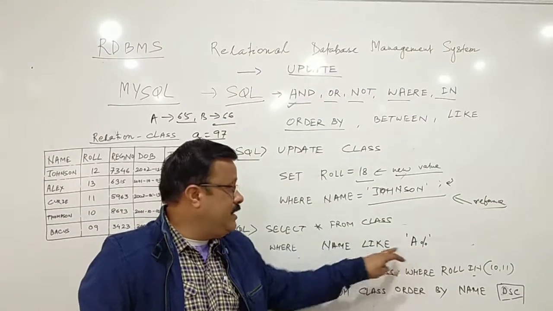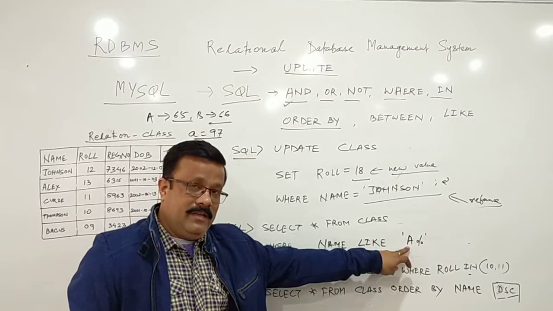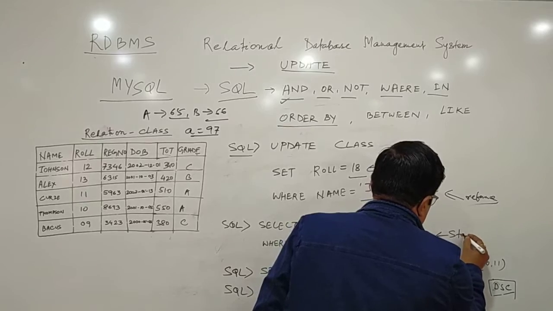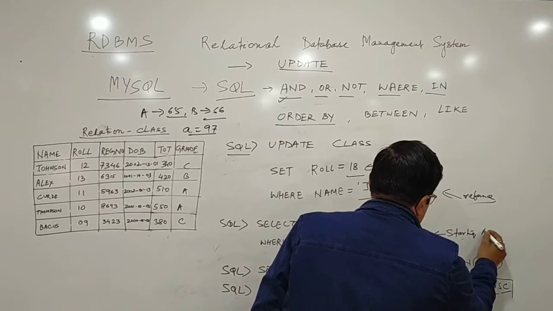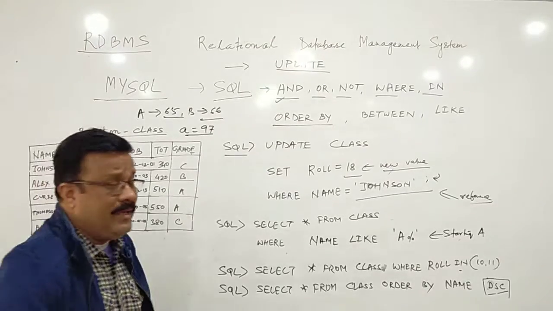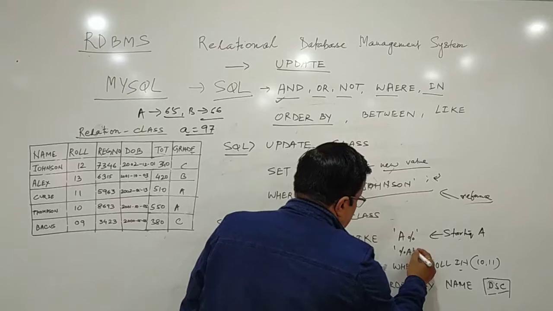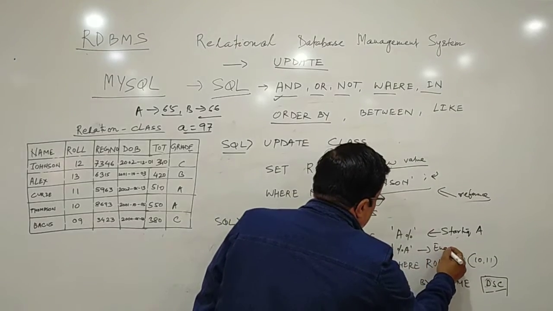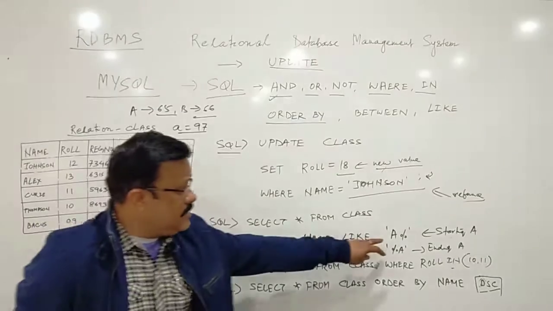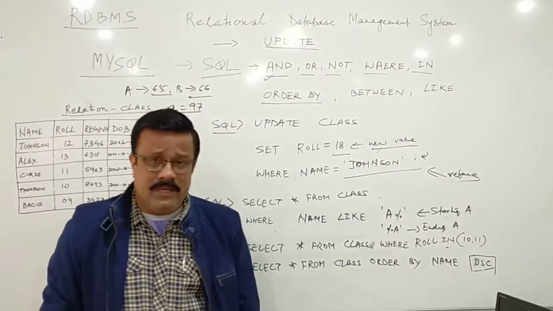A% means the name column starting with the alphabet A. But if I write %A in single quotes, it means ending with A. So A% means name starting with A and %A means name ending with A.